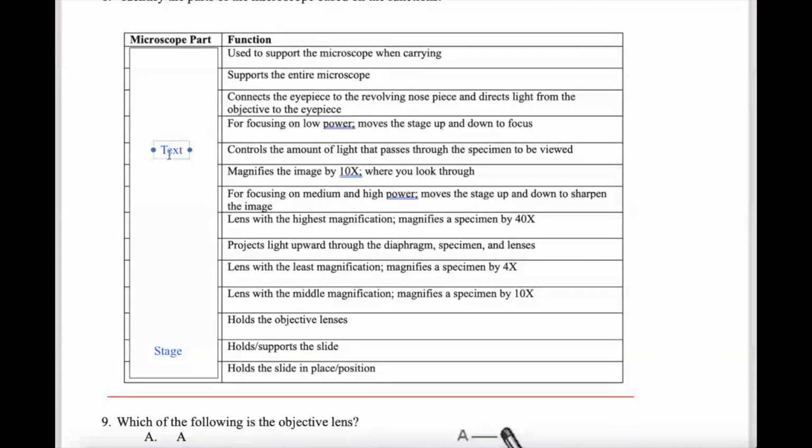Diaphragm. Very good. Now the last one: projects the light upwards through the diaphragm and specimen. Light source. Yes, it can be a lamp or a light source. Okay, good. Let us move down now, boys.